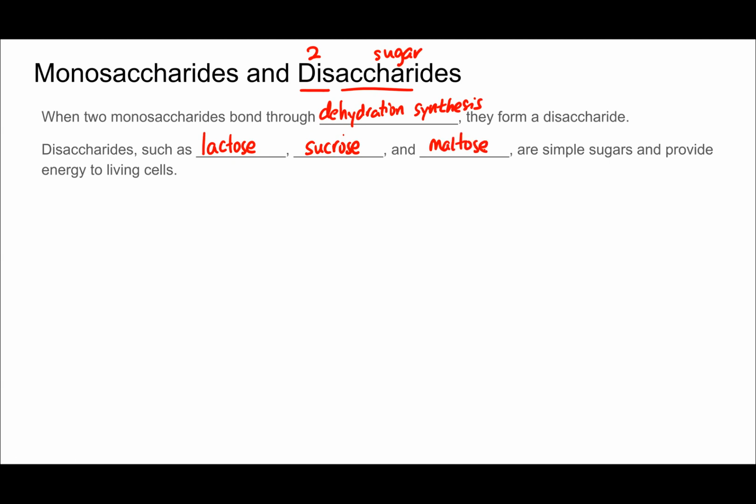They are the more common types of disaccharides that we will see in AP Biology. They are simple sugars and they provide energy to living cells, but they are made of two monosaccharides bonded together. The connecting bond between the monomers in a sugar is called a glycosidic bond.